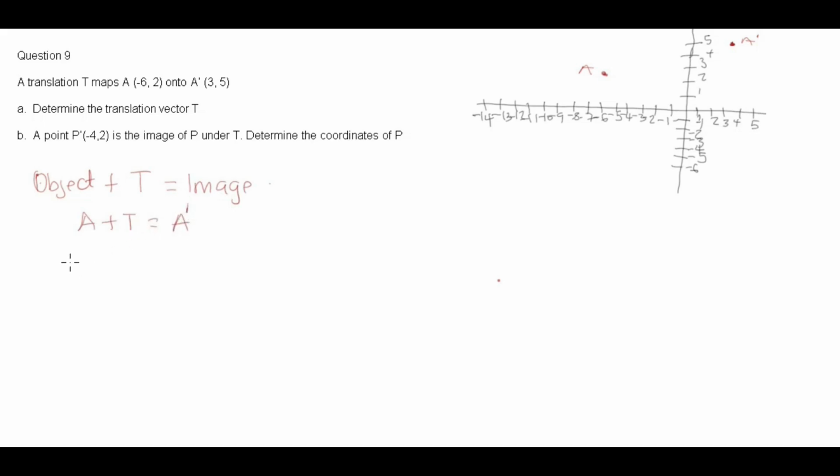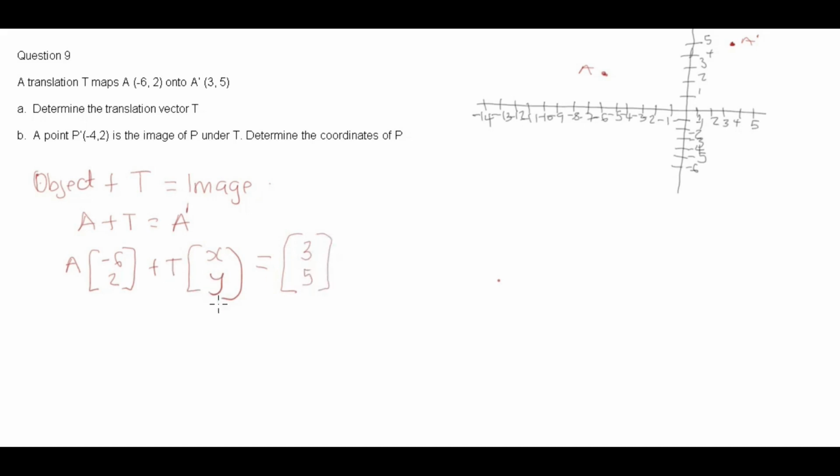So if A is (-6, 2) plus T, which we don't know, we have been told to get xy, it is T (x, y) is equals to the new point, which is (3, 5).